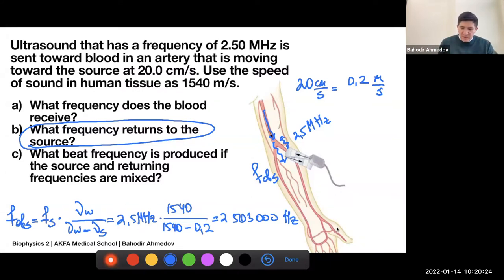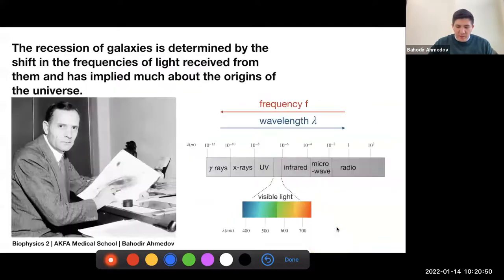This device, which is called a transducer, is able to send a signal, and also to receive a signal and tell us the frequency of the signal which came back. By knowing the initial signal and the signal which came back, we can understand the speed of the blood which is coming towards or going away from the transducer. So it is a very important application, especially in medicine.